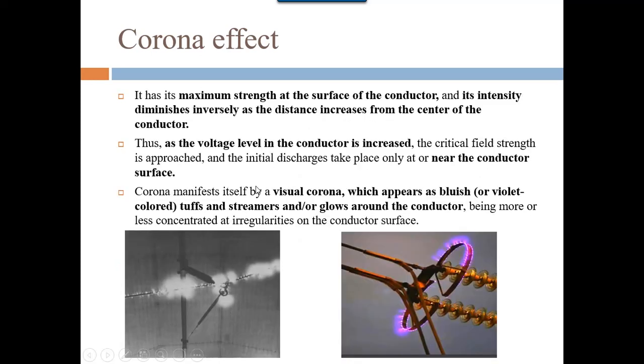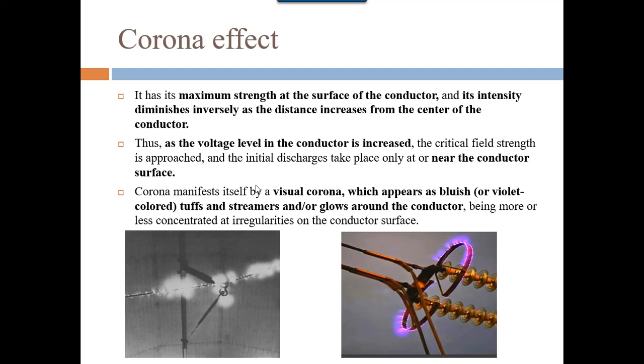It has its maximum strength at the surface of the conductor, and its intensity diminishes inversely as the distance increases from the center of the conductor. So if the distance from the conductor is increased, then the ionization decreases.